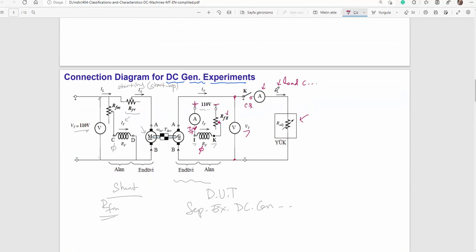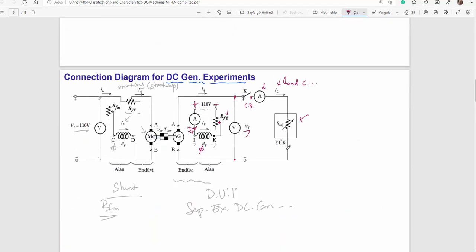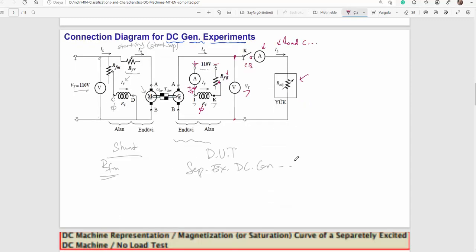That characteristic is sometimes called the no load test or open circuit test. In these tests, the circuit breaker is off. There is no electrical load yet on the right hand side.